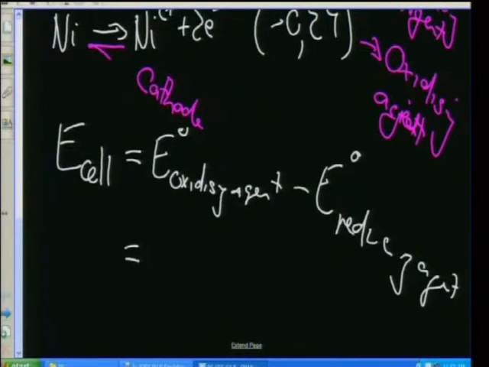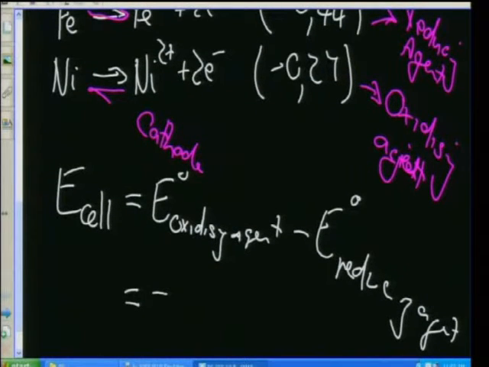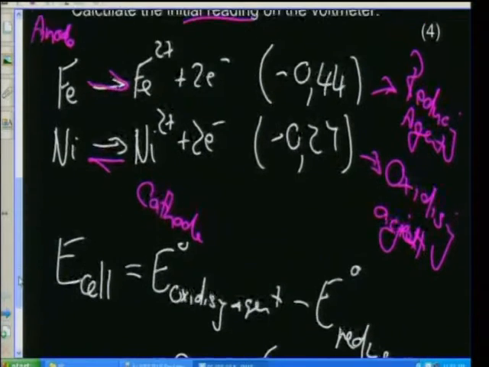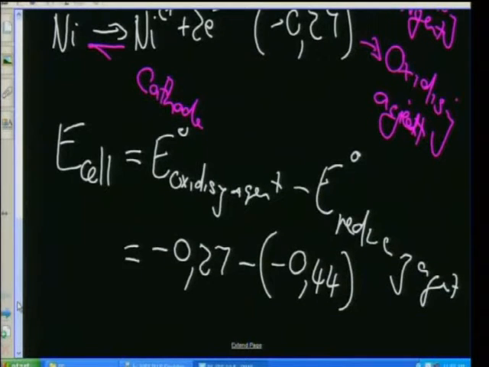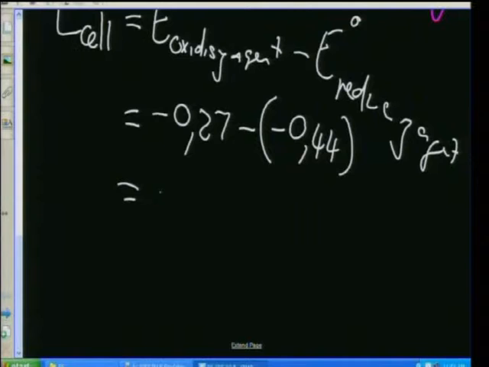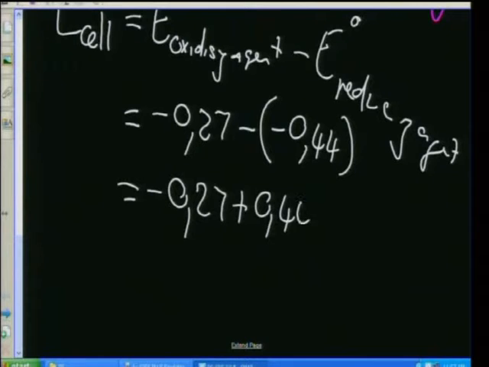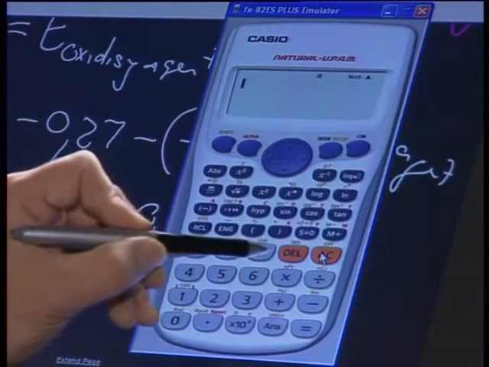So when we write this one down, minus 0.27 minus, and there we go, minus 0.44. So you've got a double negative. Please remember that goes positive. So I always just like to do that in my head or in my working, and I'm going to write the positive in before I go to the calculator. Then put the calculator up, and let's clear it.